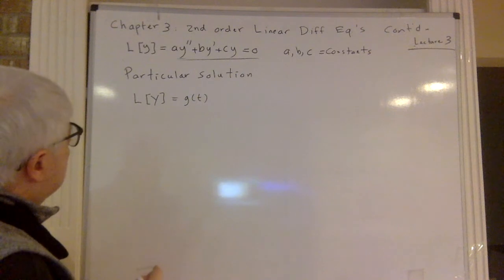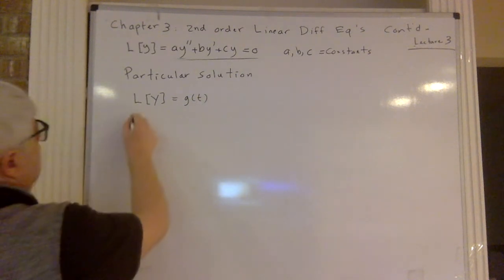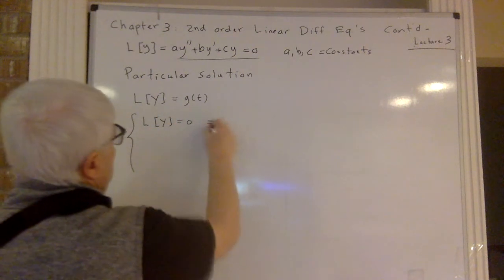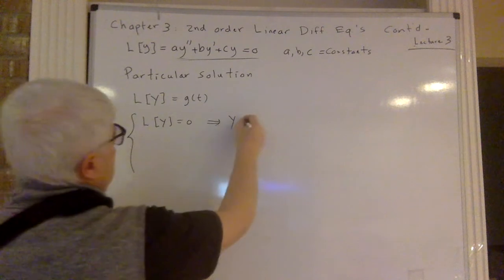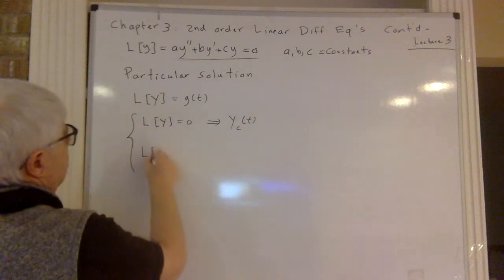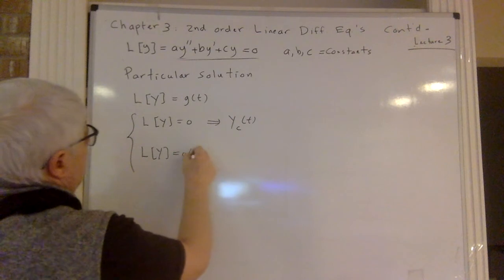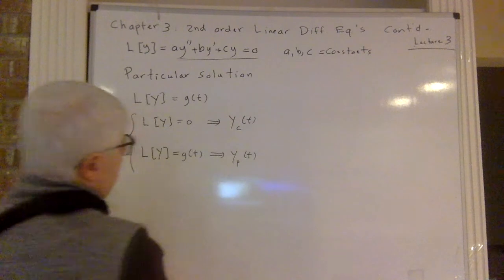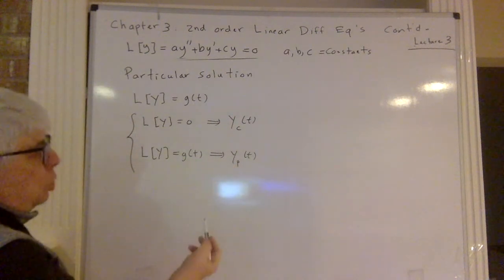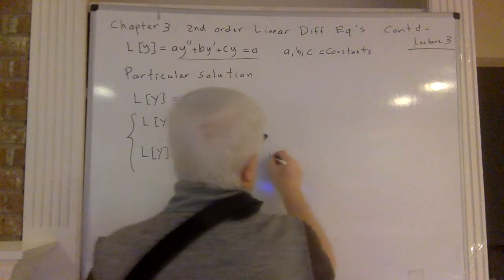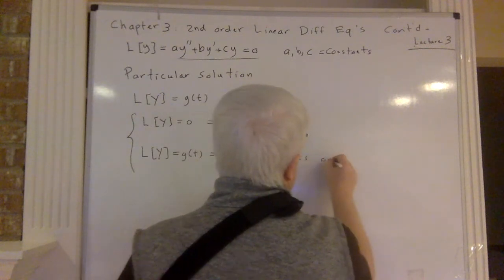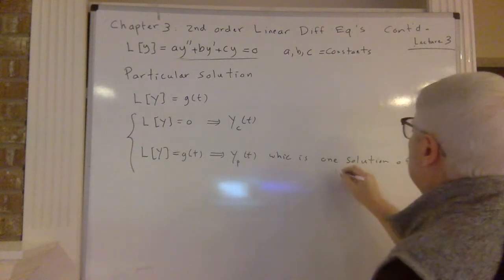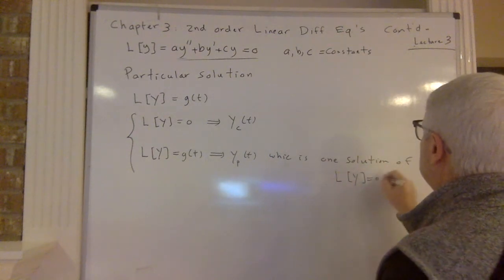So I first solve this equals 0, and this gives me a complementary solution. Then I solve this, and that gives me Y particular. And this Y particular is just one solution of Ly equals G of t.